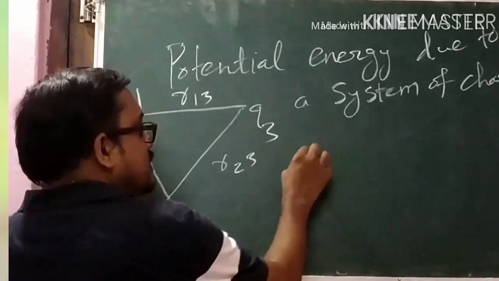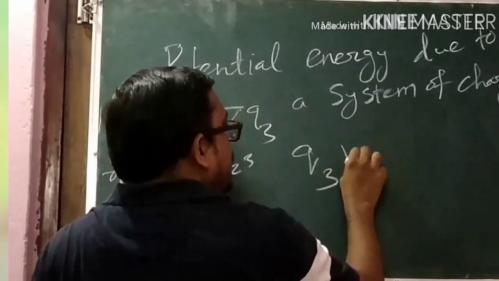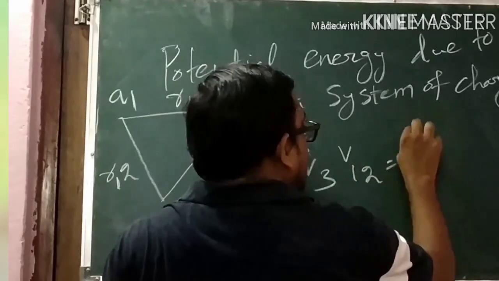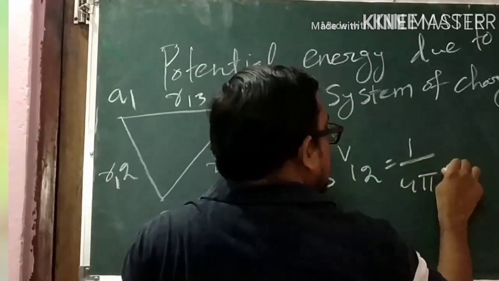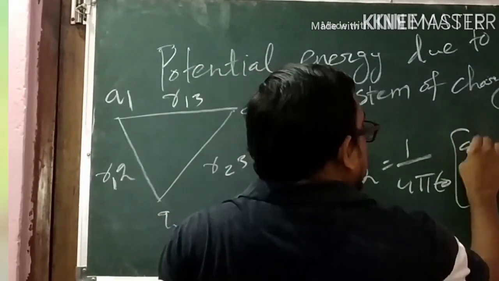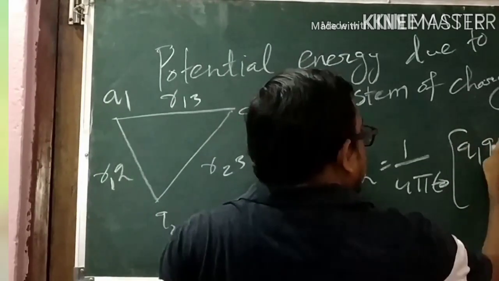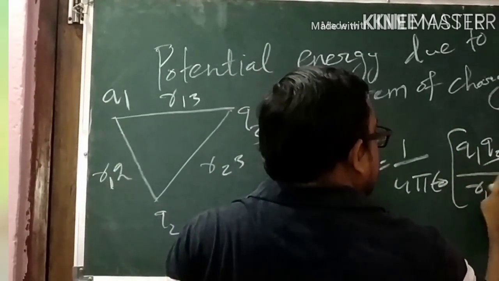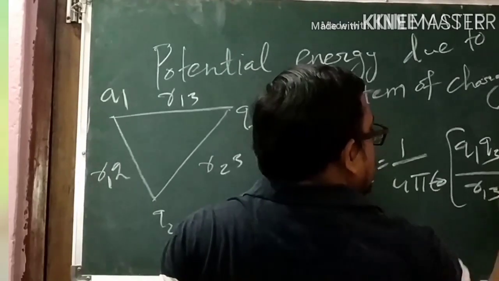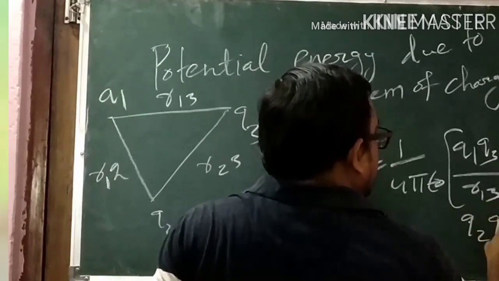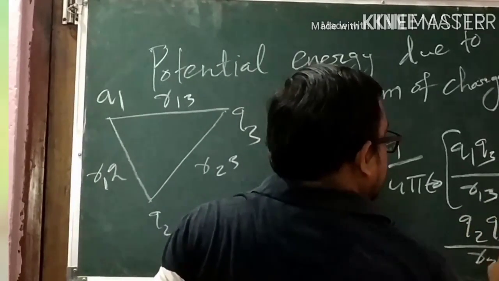That is 1 by 4 pi epsilon 0 times Q1 Q3 by R13 plus Q2 Q3 by R23.